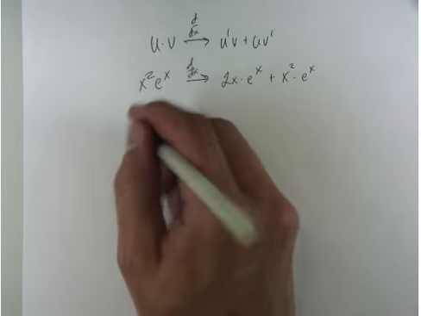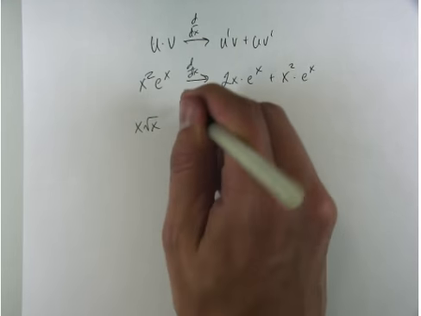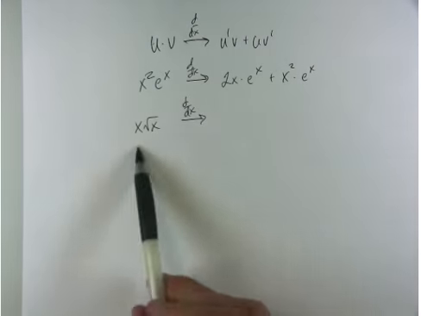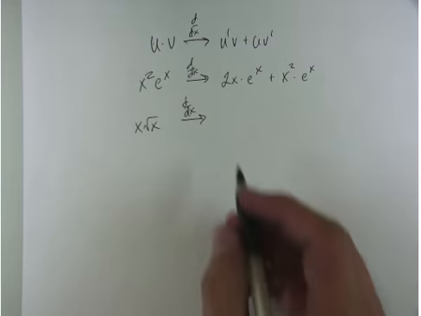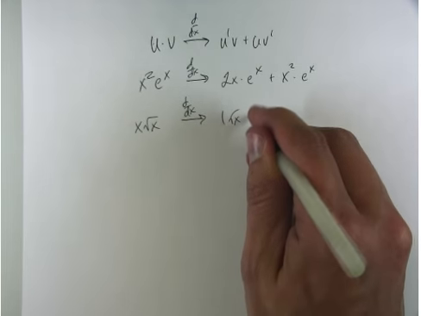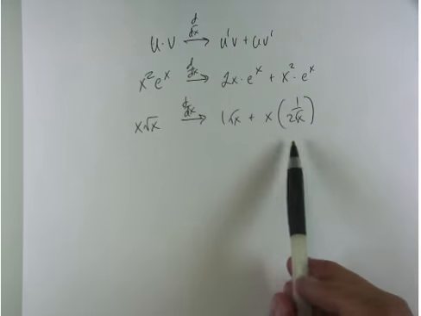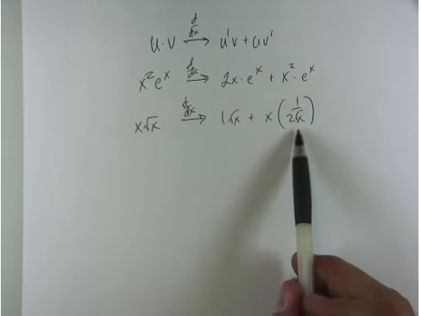And things like x square root of x should get turned into 1 times square root of x plus x times 1 over 2 root x. Here's the derivative of x to the 1/2. We've seen it a bunch this semester already.